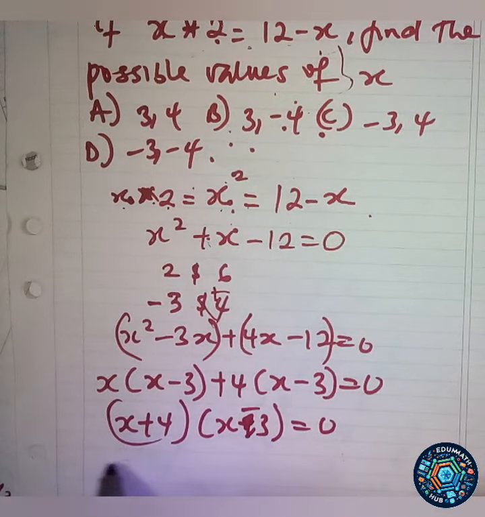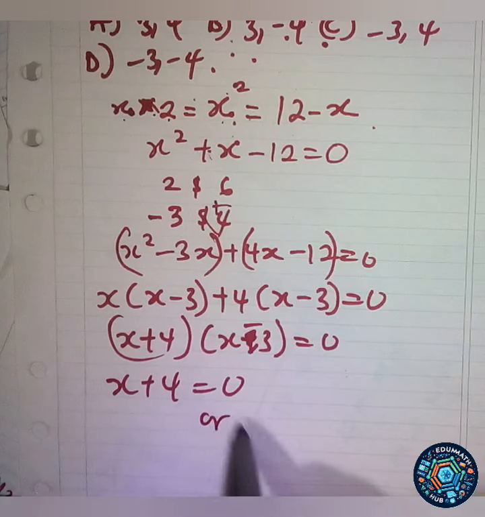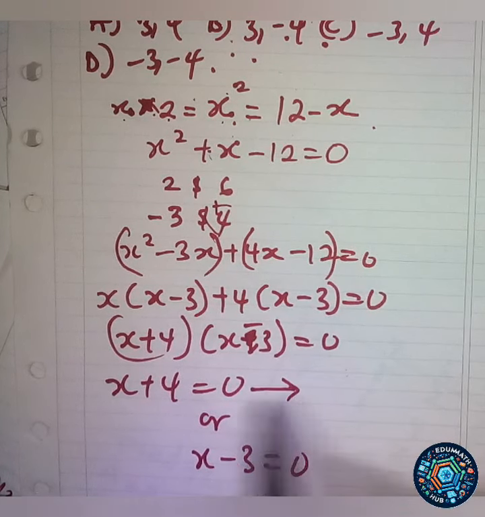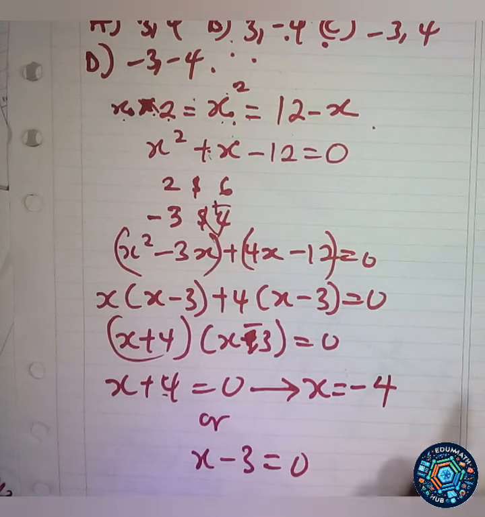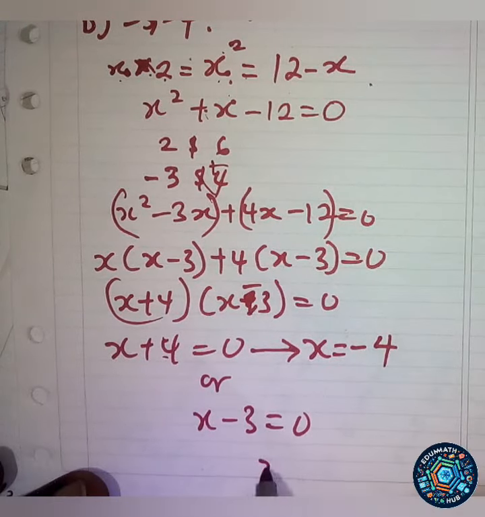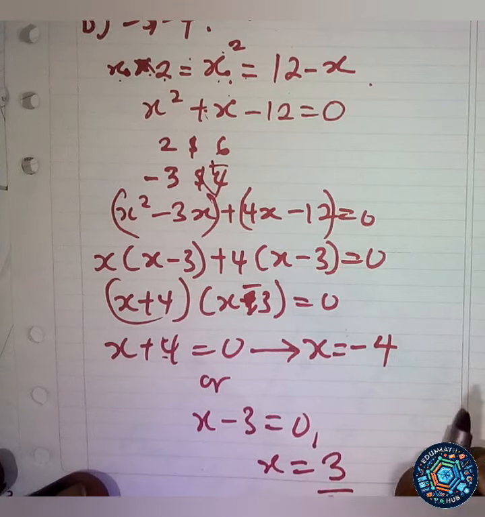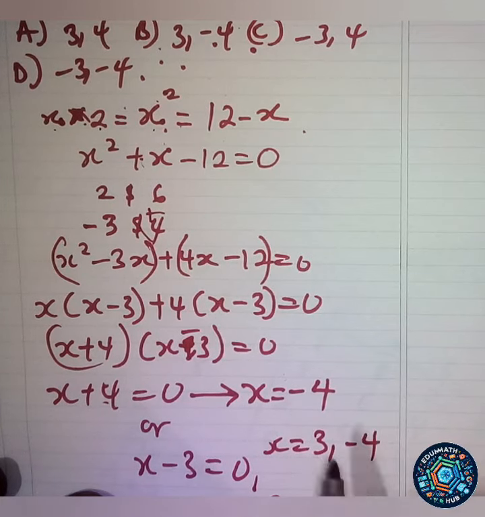So the first answer will be x plus 4 is equal to 0, or x minus 3 is equal to 0. From this part here, you can get x, bring 4 to this side, you're going to have x equals minus 4. And from this side here, you can get x, bring 3 to this side, you're going to have x equals 3 or plus 3. So the answers are x equals 3 or minus 4.